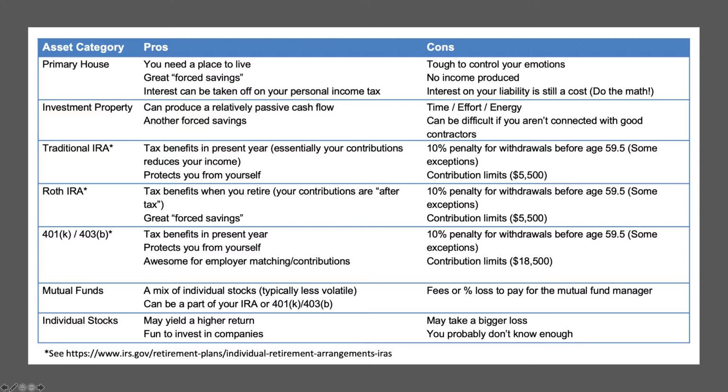Some of the disadvantages of thinking of your primary house as an asset category: when we think about our house, it's really tough to control our emotions. When you purchase a house, it's about what you live in. You kind of make it your own. Think about if you have kids and you start raising them, and you make little marks on the door saying how tall they get.